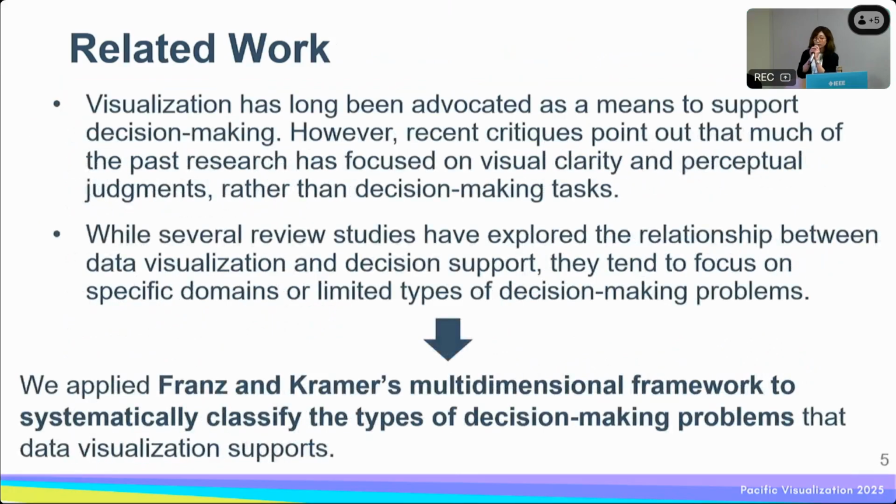While previous research highlights the value of data visualization, few studies take a comprehensive multi-domain view. To fill this gap, we used Franz and Kramer's multidimensional decision-making framework to systematically classify the decision problems addressed by visualization.